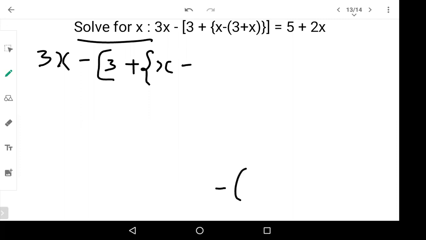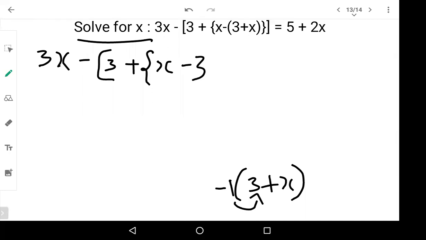So minus 3 plus x we have to remove. So minus 3 plus x means let us take this as minus 1. So minus 1 into 3 will give me, minus 1 into 3 will give me no x. Sahana, we are not multiplying x yet. Okay, it's just number. So it's going to be minus 3.